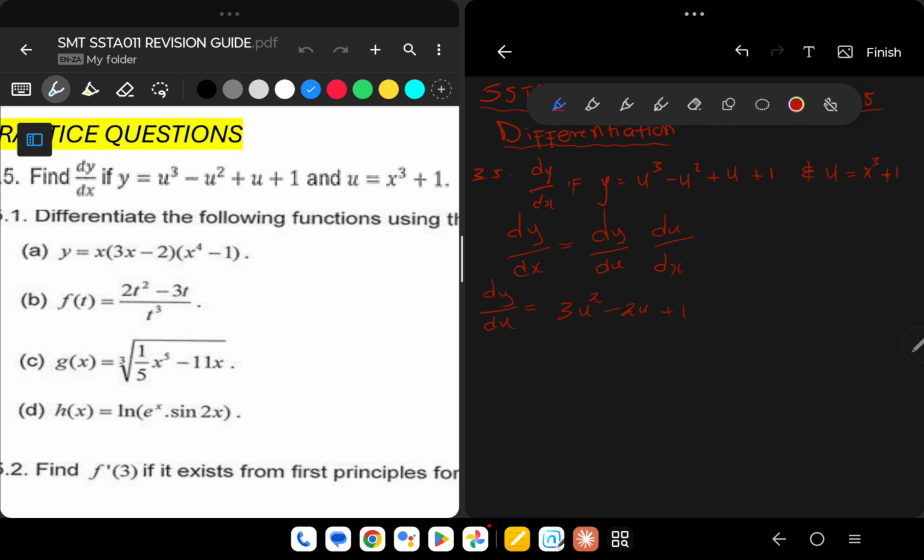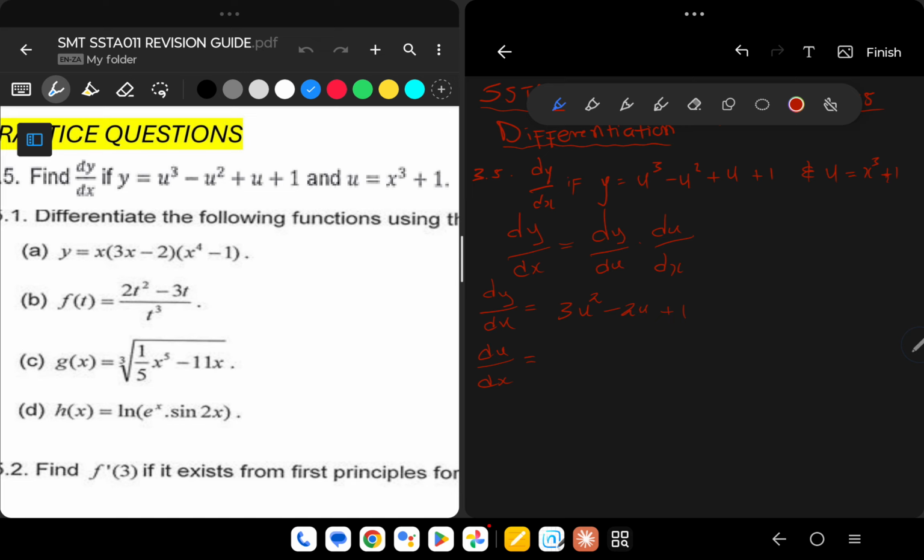So now let's continue and find our du over dx. So this is where we're deriving u with respect to x, and then on dy over du we're deriving y with respect to u. So this means that we focus on deriving u with respect to x.